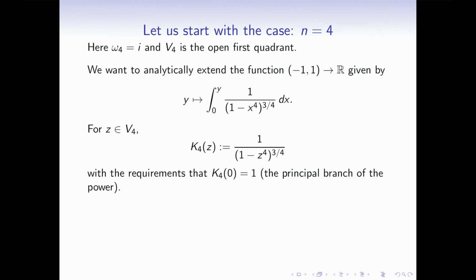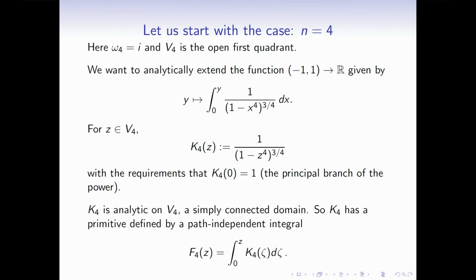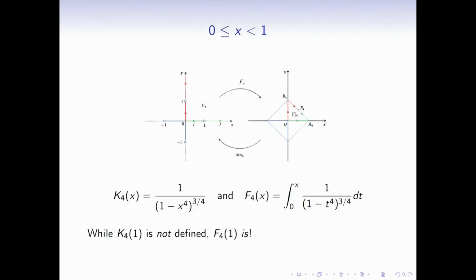And here, I'm going to require that at 0 you should pick 1, the principal branch of the power function. And then it's a simply connected domain. So therefore, there is a path-independent primitive defined to be f4 of z, the integral from 0 to z of k4 of zeta d zeta, right? So that is a path-independent integral.